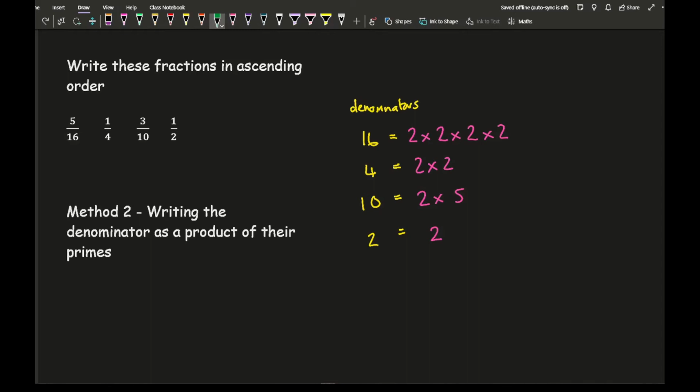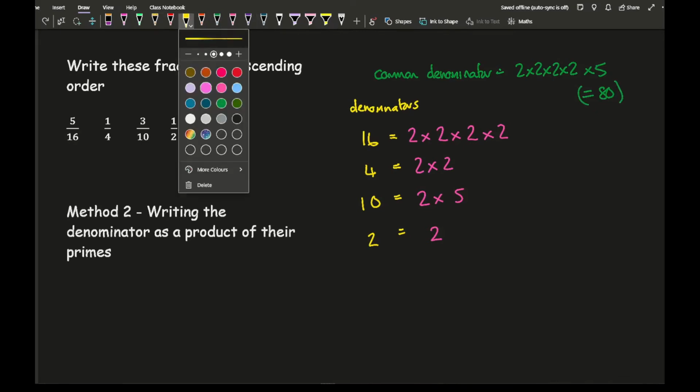So here I've got 2s and 5s, so I want each to have the same number of 5s and the same number of 2s. So my common denominator is going to be, well, the maximum number of 2s I've got is 2 times 2 times 2 times 2, and then I've got a 5, so that is my common denominator, which if I work out is going to be 80.